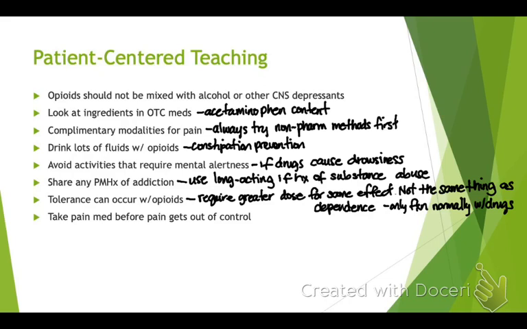You want to constantly keep the patient informed of all the treatment options that they have. And tolerance does occur with opioid use, and so it does require a greater dose for the same effect. So it's not the same thing as dependence.